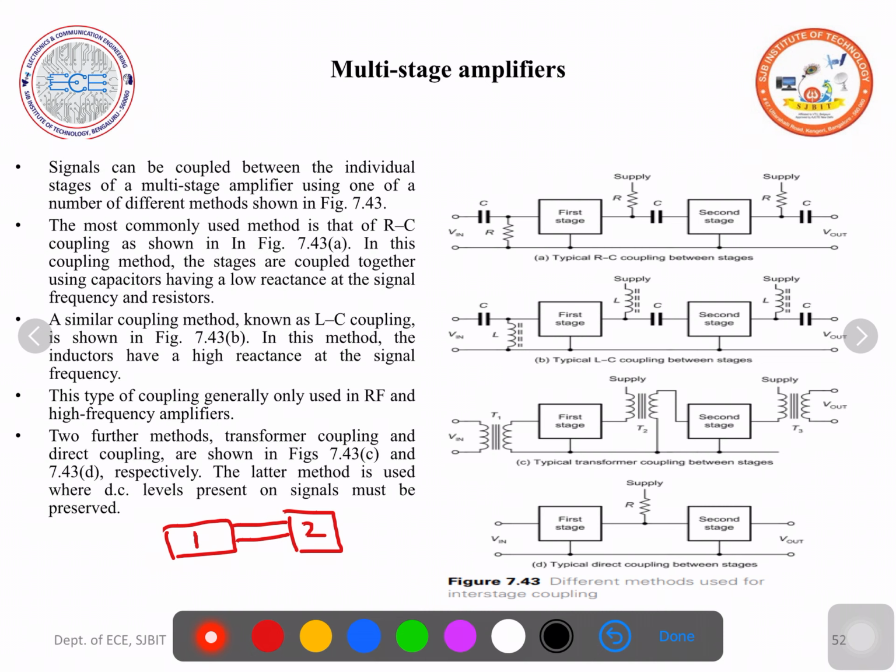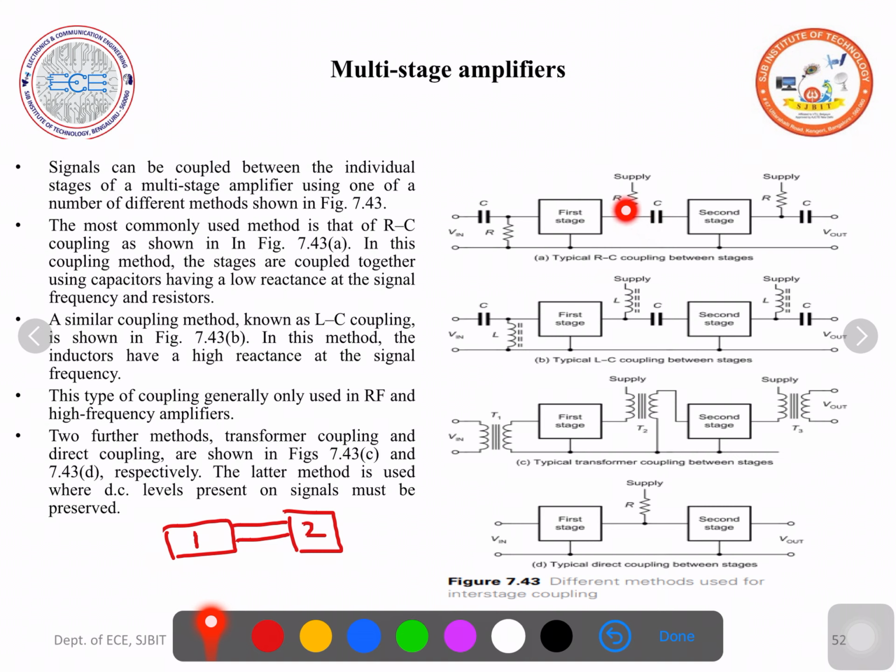Now the first method of coupling, you can see here, is the typical RC coupling between the stages. Here is the first stage of an amplifier, here is the second stage. We want to couple these two stages. So here the coupling is done by RC, resistance and capacitance. Here is R, here is C.